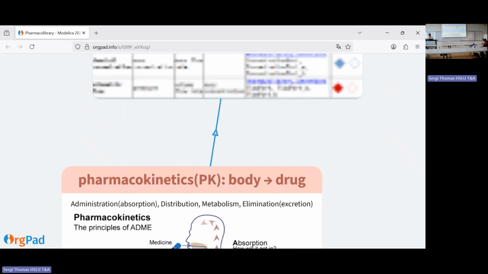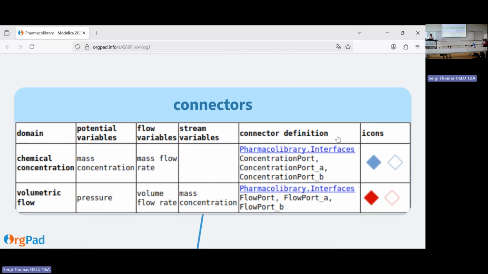And these processes can be expressed in mathematical equations. So we chose connectors. And there are two types of connectors. The first doesn't take care about the flow, meaning volume flow rate. And this first part of the pharmacology is called compartment-based modeling. And it's a simplification. So in this first part, we chose the potential variable as mass concentration and the flow variable as mass flow rate.